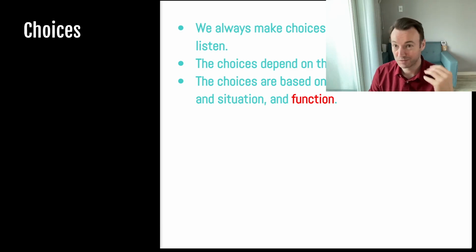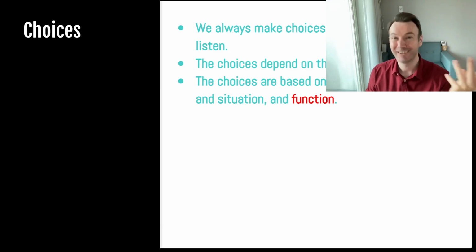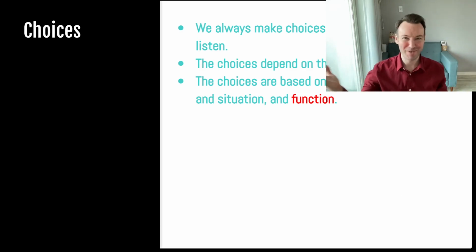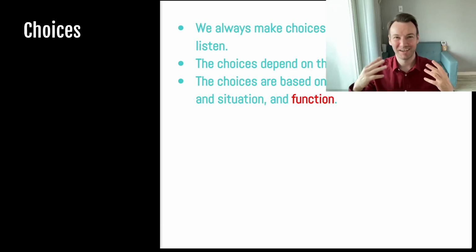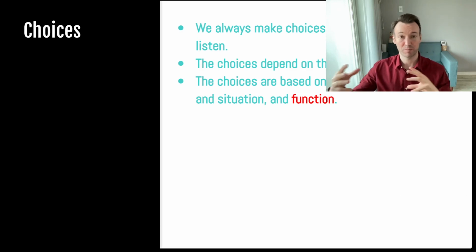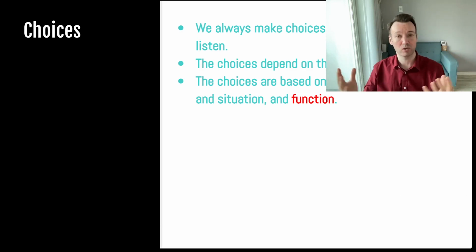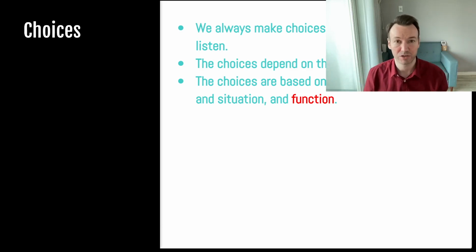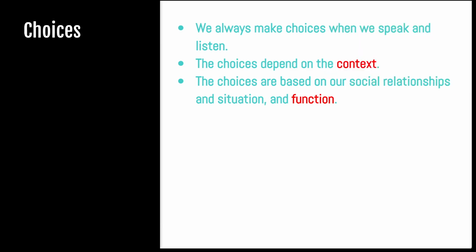Are you explaining? Are you flirting? Are you demanding? This is called the function. And again, depending on the function, the relationship, all of this contextual information is affecting that message. So context is everything.